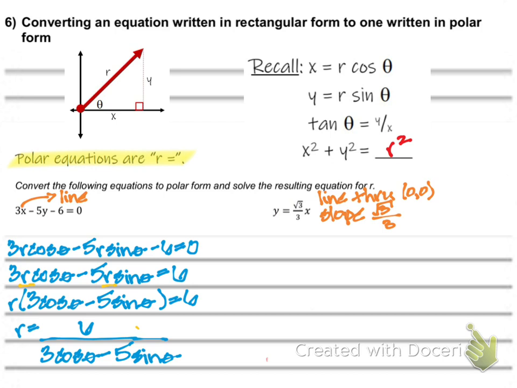A couple things we can do. Let's go ahead and make the replacement. So we can say that r sine theta equals root 3 over 3 r cosine theta.